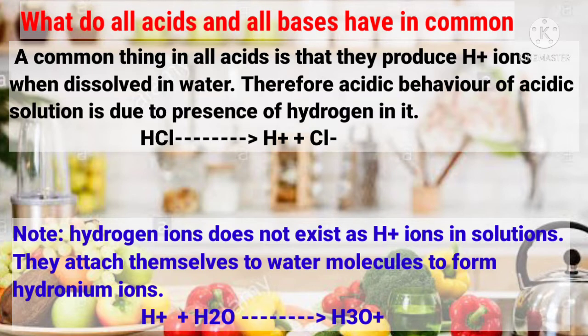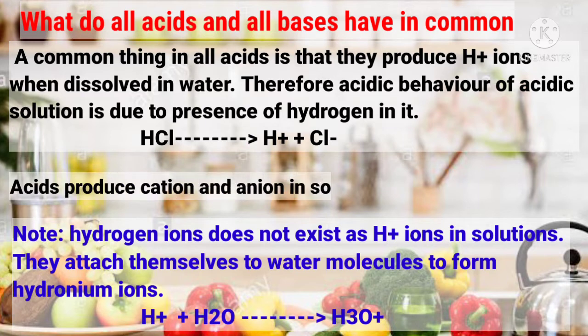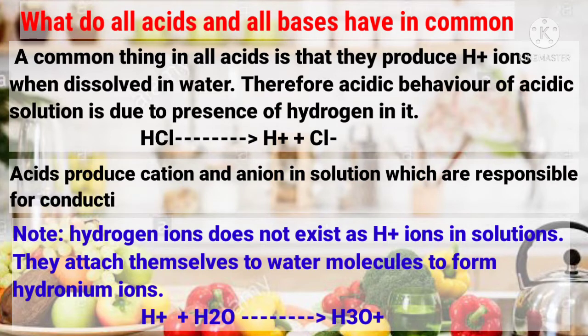Since they form cations and anions in the water solution, they are responsible for conduction of electricity. Note that hydrogen ions do not exist individually and hence they always attach to water molecules to form hydronium ions.